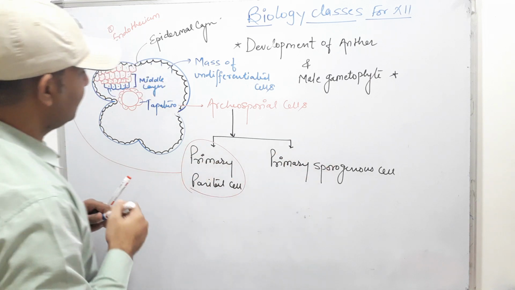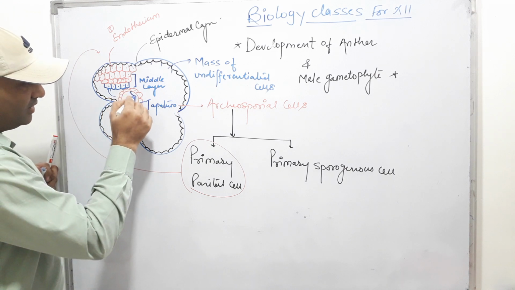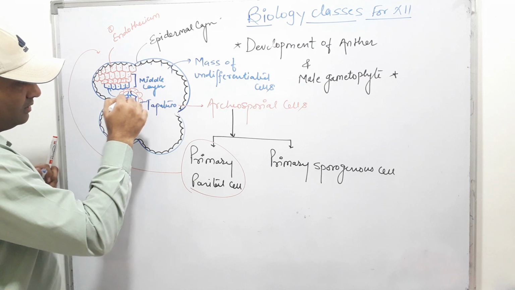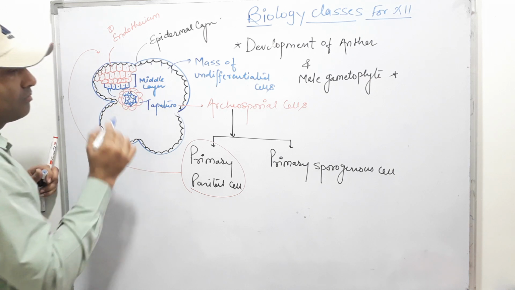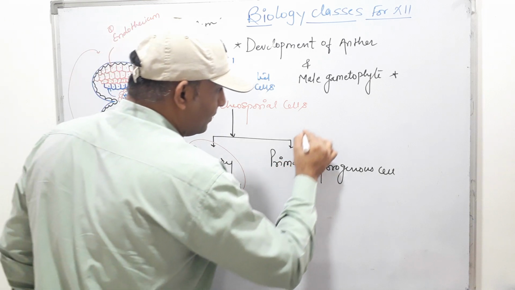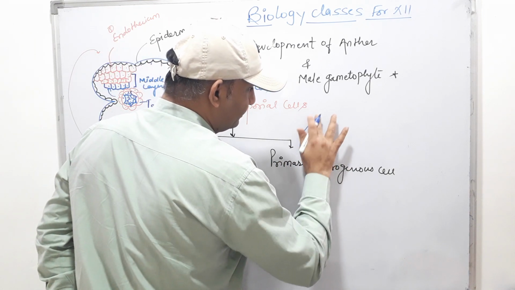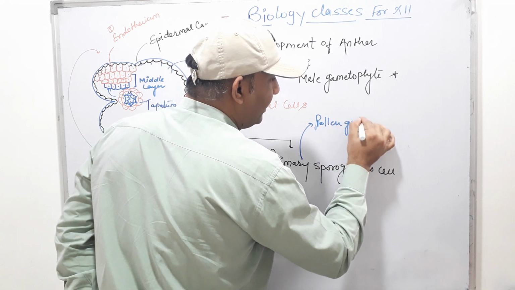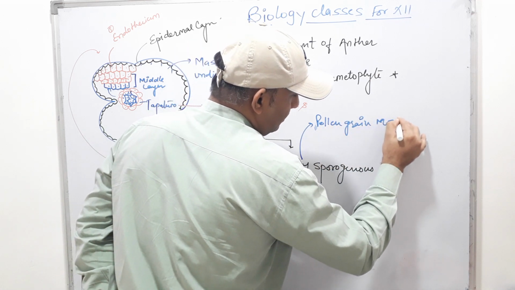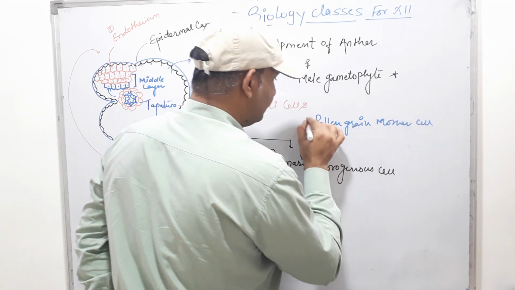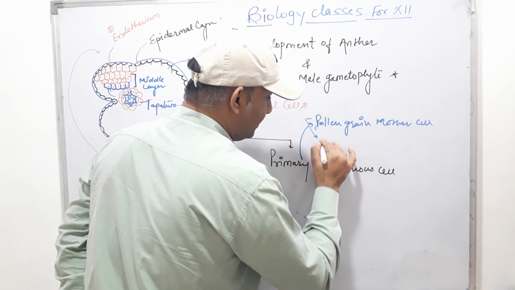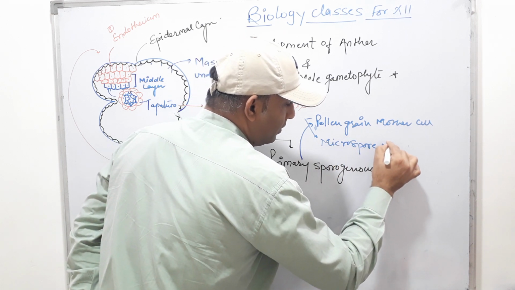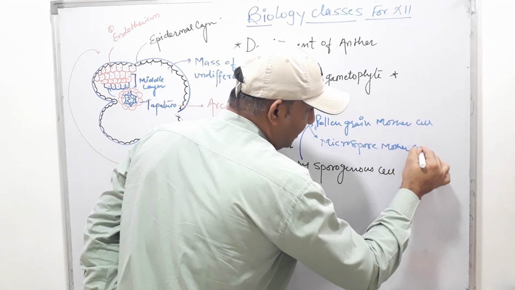Now primary sporogenous cells produce cells inside it. The name of the cell is called pollen grain mother cell, or we can say microspore mother cell.